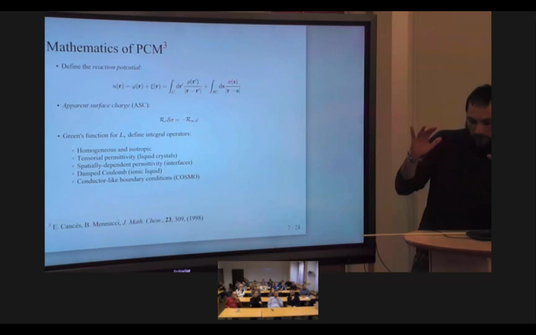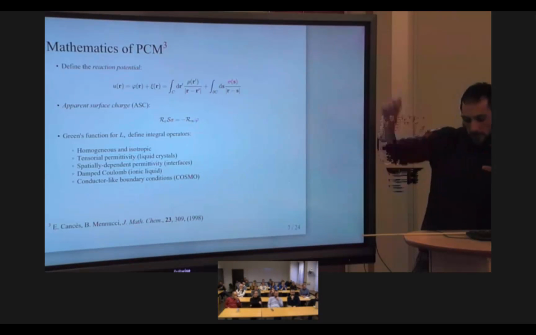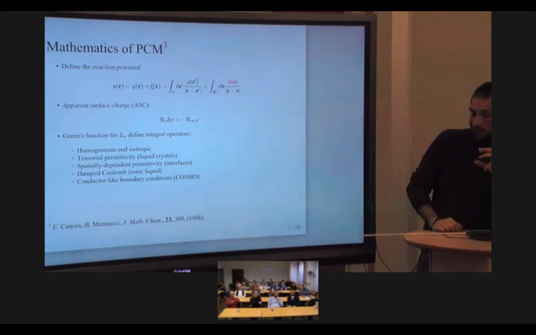Instead of trying to find the potential in space, or trying to find at each point in space what the potential is, we want to find what is the representation of this potential inside the cavity, because that's the place where the chemically important part of the system is.